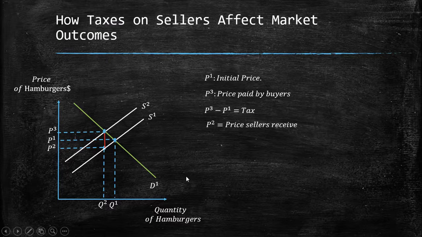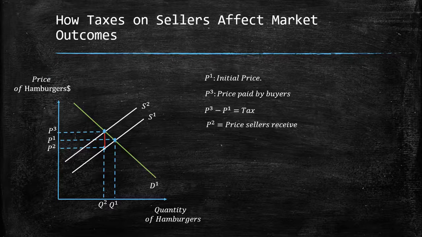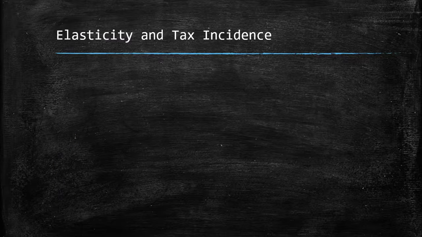Okay, so P2 is going to be the price sellers receive. So we see here, if I tax suppliers, or if I tax sellers or buyers, the effect is going to be almost the same. It doesn't matter who I tax, because it's going to affect both sides.